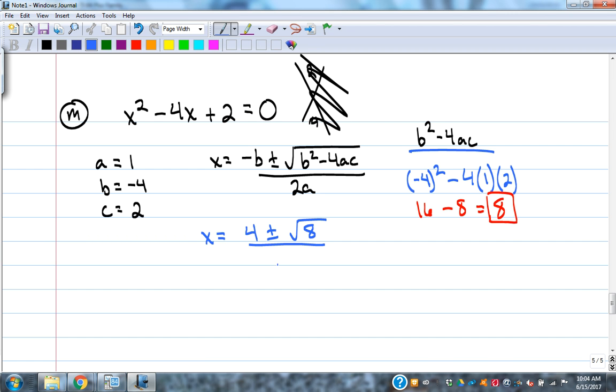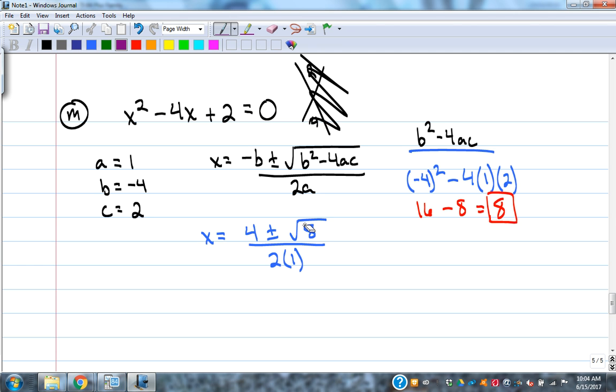On the bottom, 2 times 1. Very important that you don't forget 4 plus or minus square root of 8 is all in the top of the fraction. Okay? The next thing to do is simplify as much as you can. Well, I've got a square root up here, so I need to simplify that square root. 8 doesn't have a nice square root.